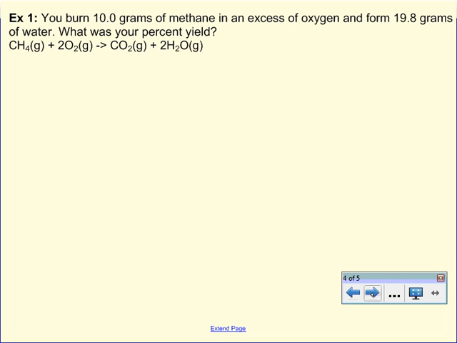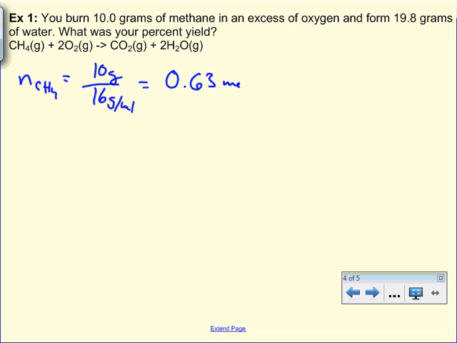So I'm going to first calculate the number of moles of methane from 10 grams. n of CH4 is 10 grams over 16 grams per mole for methane, and that gives us 0.63 moles of methane. I'm going to use my mole ratio, so my known one in this case is 2 moles of H2O for every 1 mole of methane, because I'm trying to figure out how much water I'm going to make, or could make.